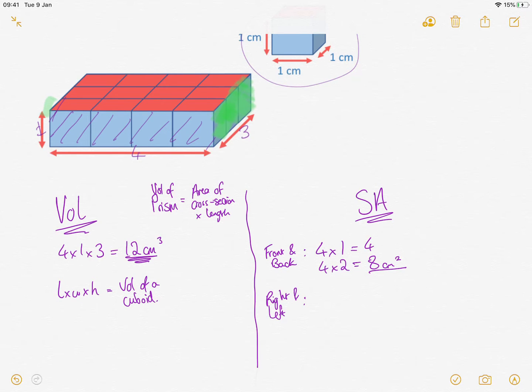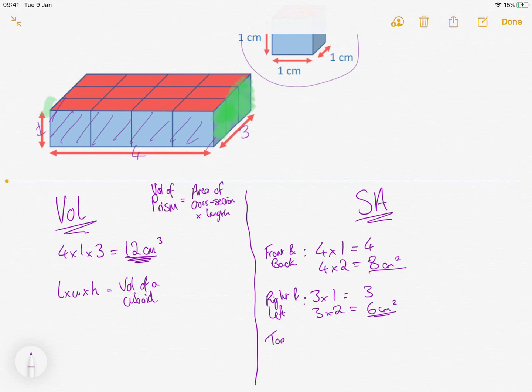So my right would be 3 times 1, because that's what the area of that face is, which is 3. Then times it by 2. Why do we times it by 2? Because we've got a right and a left that are the same.